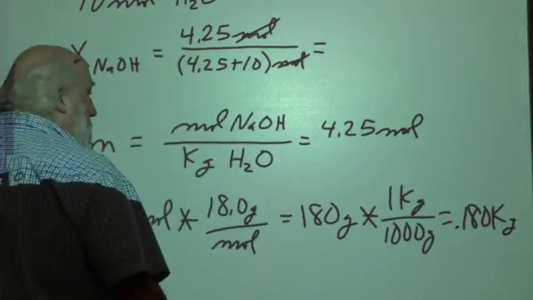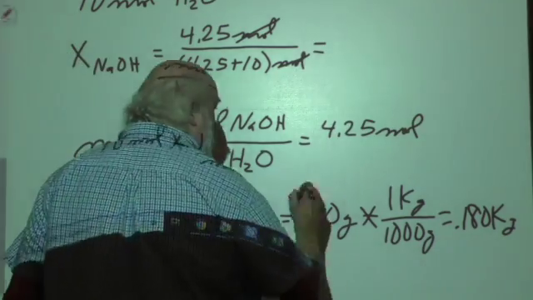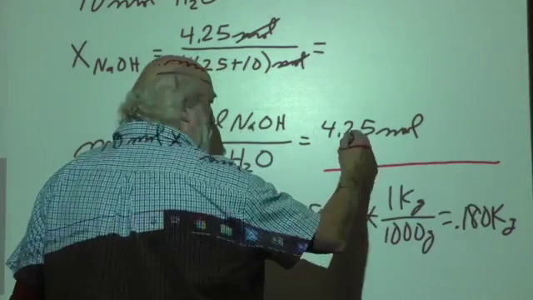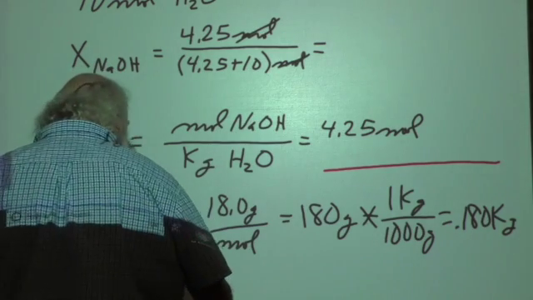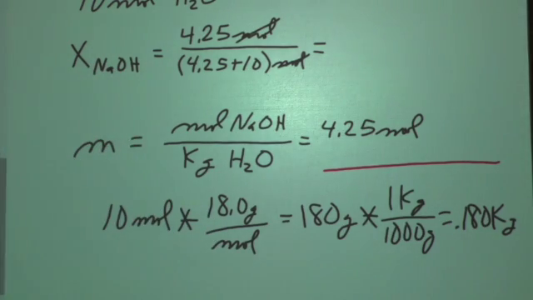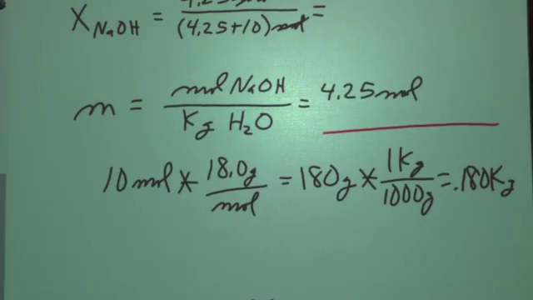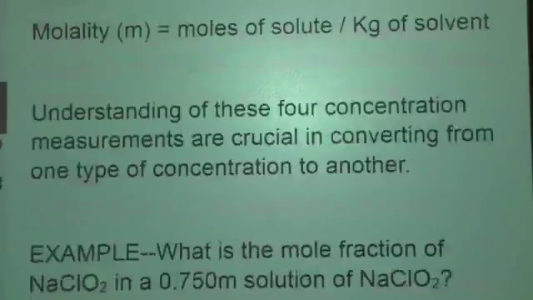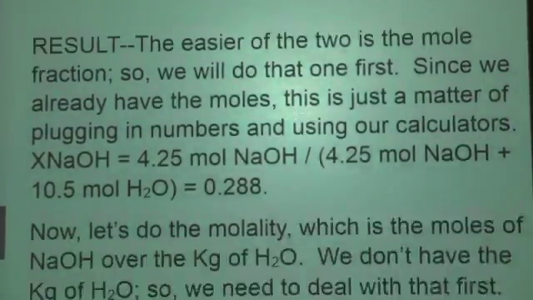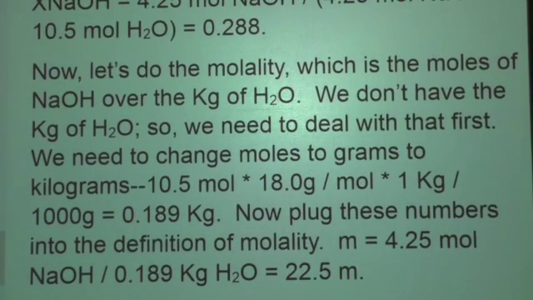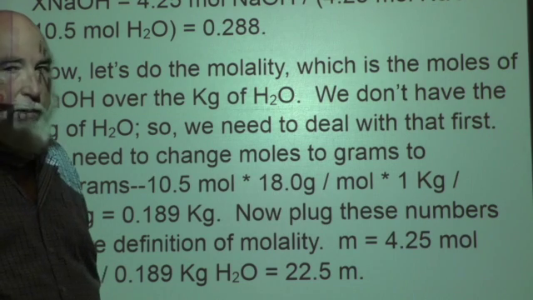And now we can divide these two out, 4.25 by 0.180, and that will give us our molality. And again, I've done that on the script, and it turns out that that is 22.5 moles per kilogram. Not too bad.